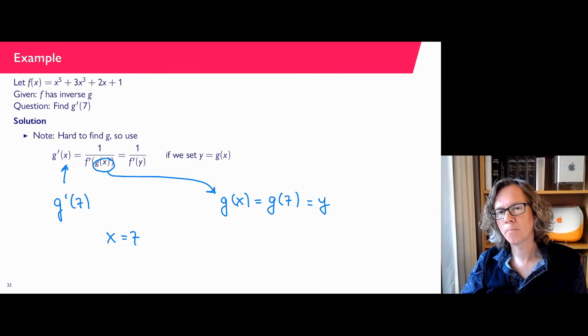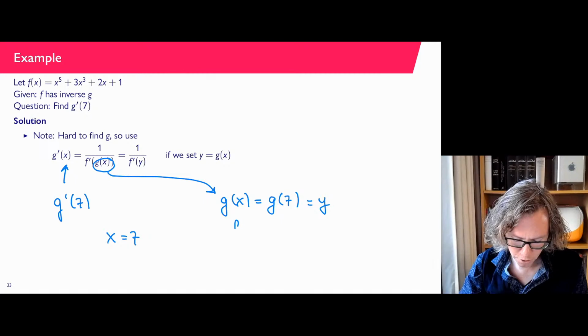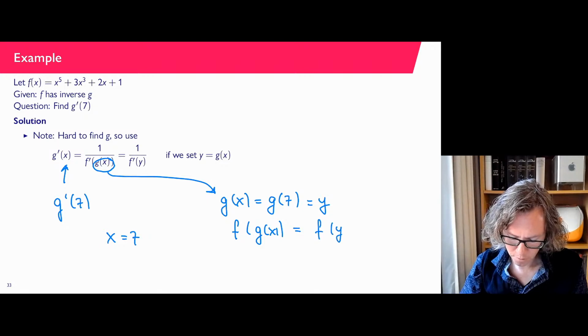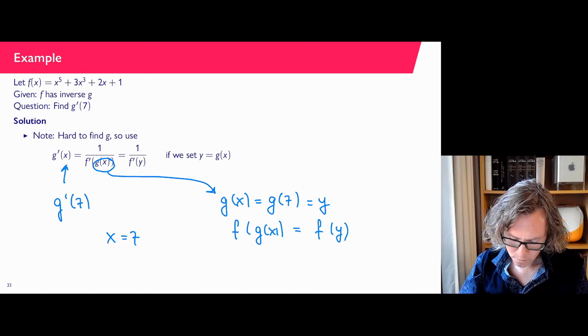Now I'm going to apply f to both sides of the equation. So I'm going to say f of g of 7 equals f of y. f and g are each other's inverses, so they cancel.